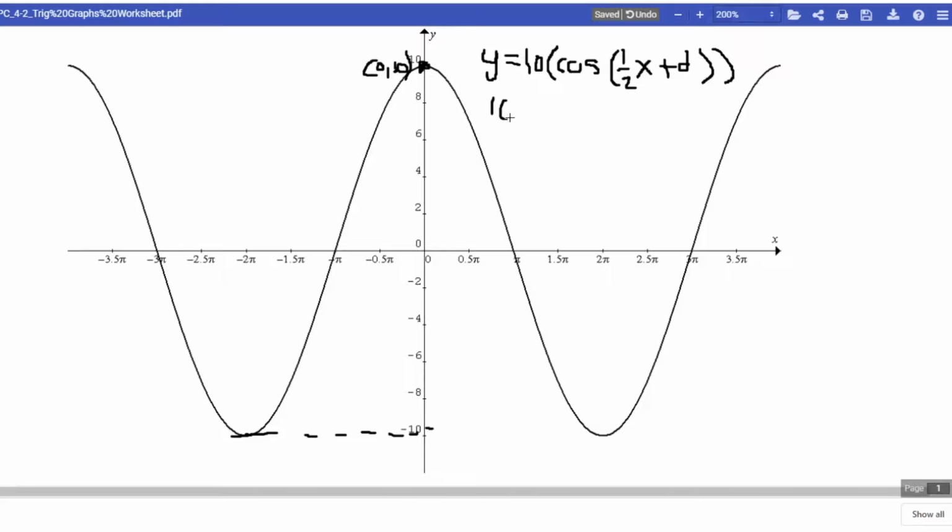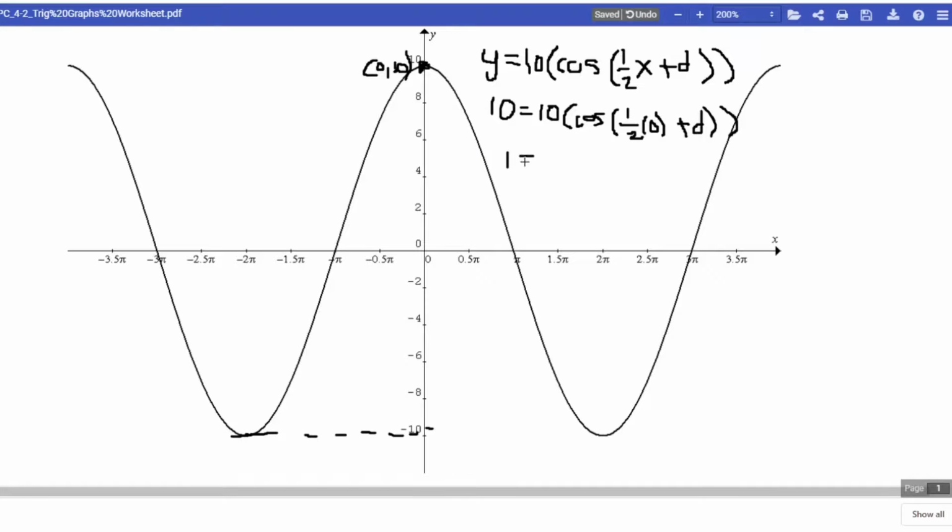We can write 10 equals 10 times the cosine of 1/2 times 0 plus d. So we can now just solve for d. We'll divide both sides by 10.